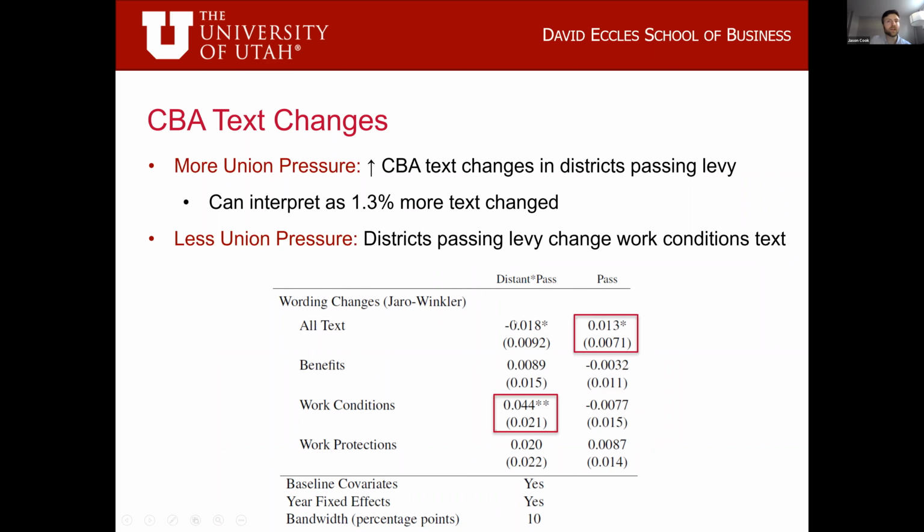And so there's basically no effect overall for distant districts, but the text surrounding work conditions is changing. This could go along with the story of maybe there's less money on the table for these distant districts that are facing less union pressure to negotiate over. And so instead they make concessions based on working conditions and non-monetary parts of the teacher's work experience.